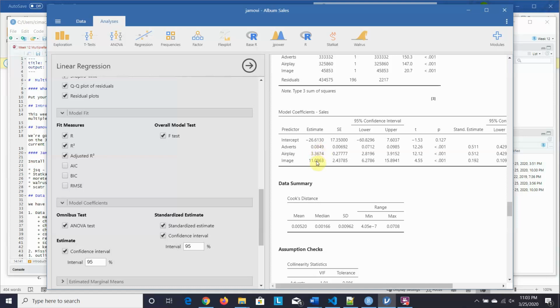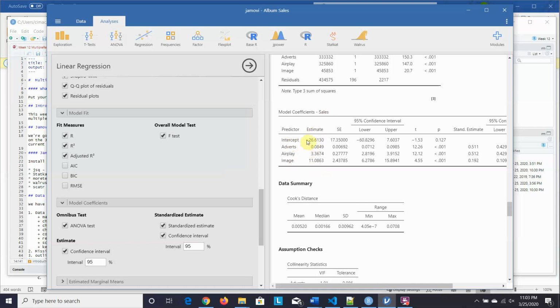So that is something to look at. And if you remember, our non-standardized coefficients, which are this estimate column. This is the column that we use to make our prediction equation. So we could predict, if we knew what the advertising budget was, what the airplay counts were estimated to be, and what the image rating was, we could predict what our sales would be using this.